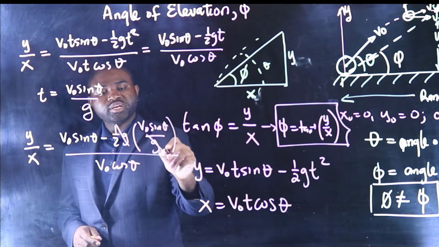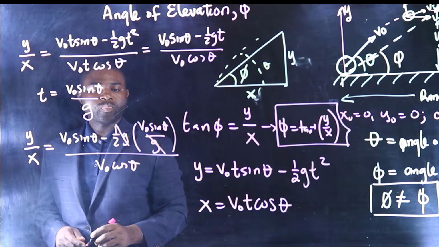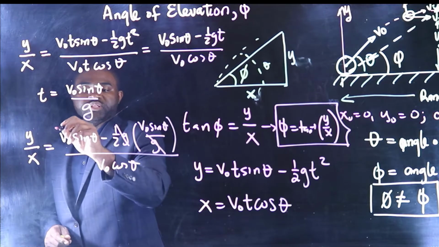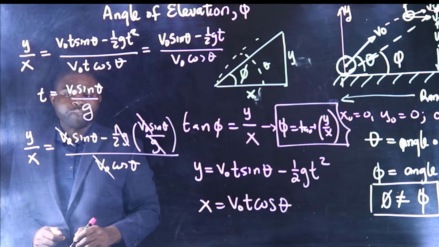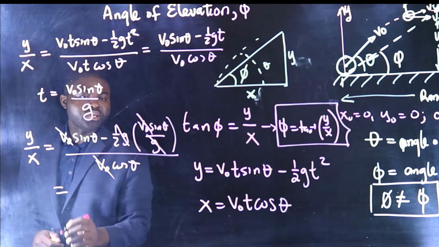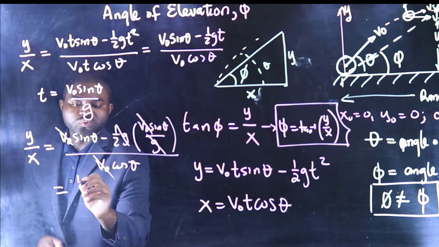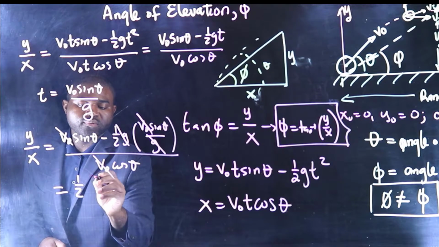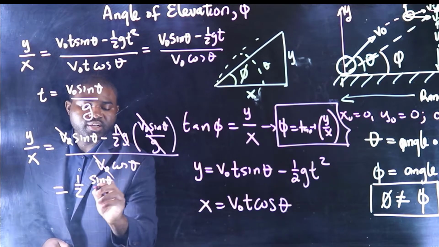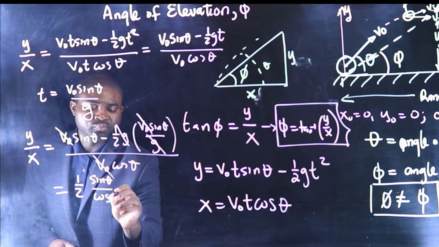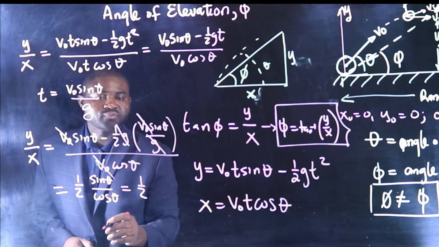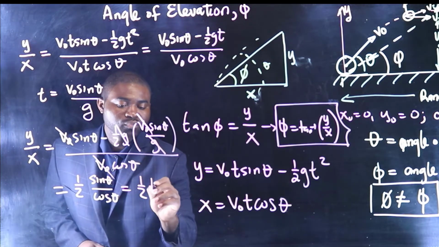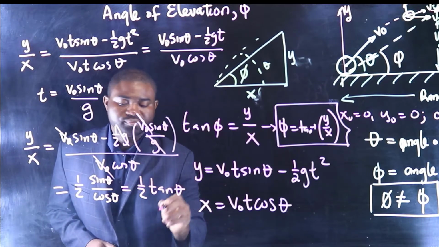This g takes care of this g. This can cancel off with that, and that will be equal to 1/2 sine theta all divided by cosine theta, which is just 1/2 tan theta.